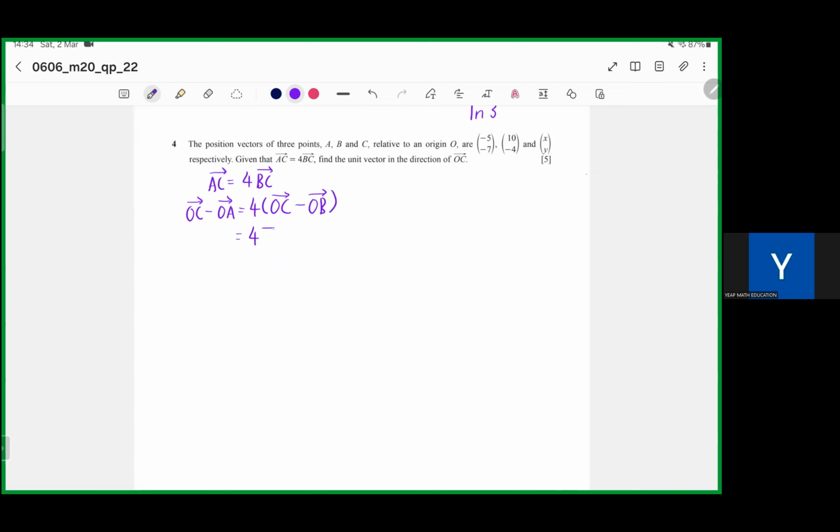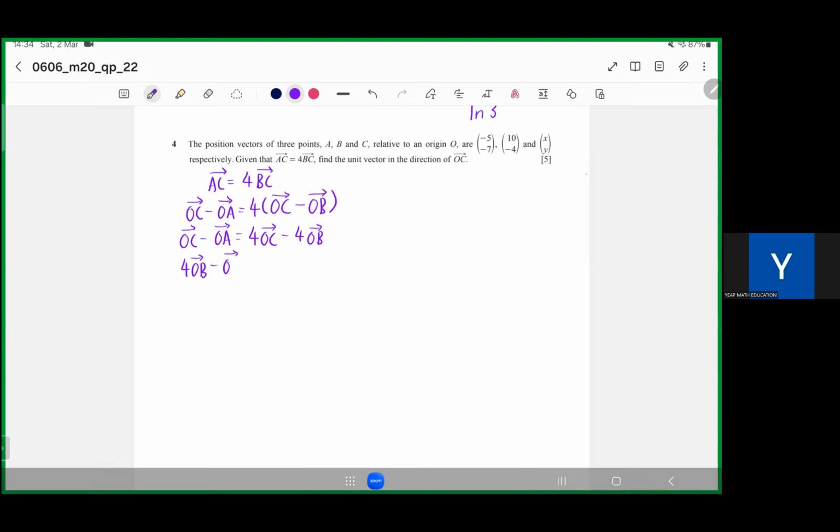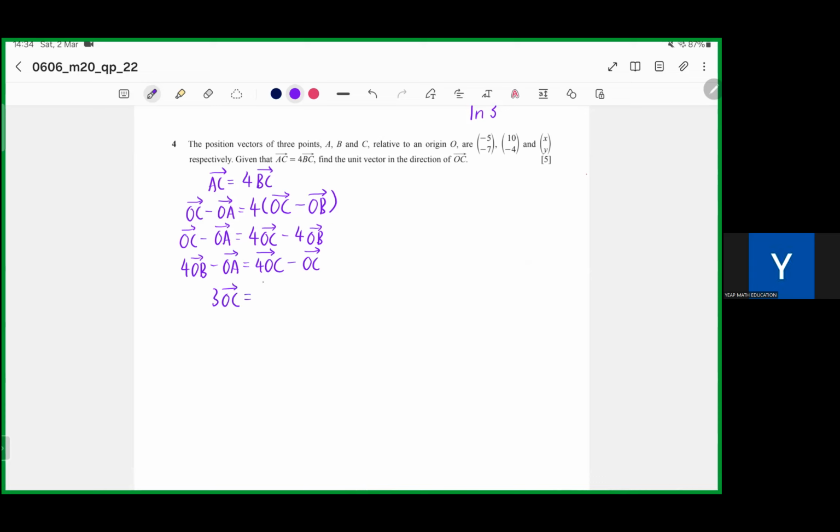So here we get 4 OC minus 4 OB. So we get OC equals 1 over 3 bracket 4 OB minus OA.